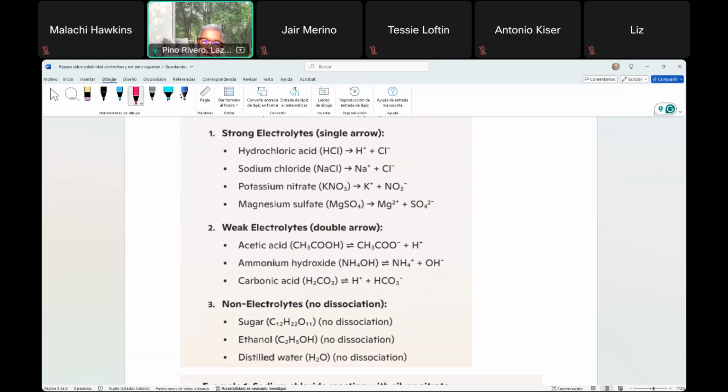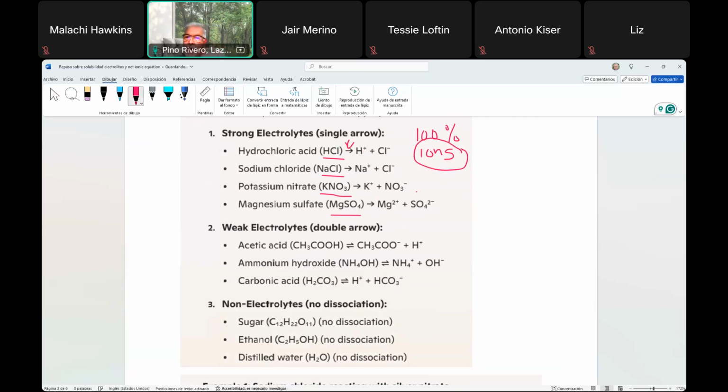When we are in front of a strong electrolyte like hydrochloric acid, sodium chloride, potassium nitrate, and magnesium sulfate, we use a single arrow and the ions, because these compounds are 100% in form of ions, completely ionized.